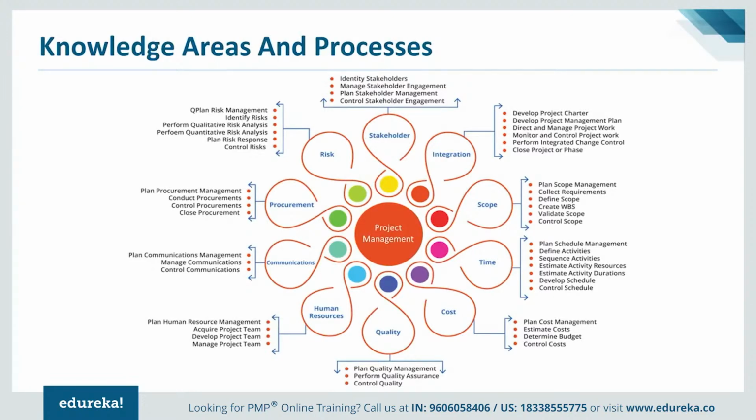And the last but the most important one is stakeholder management. This is where we capture how we are going to identify stakeholders, right? And how are we going to manage the stakeholders effectively? So different stakeholder management strategies need to be captured over here, in terms of stakeholder engagement from the point of view of power and interest, right?